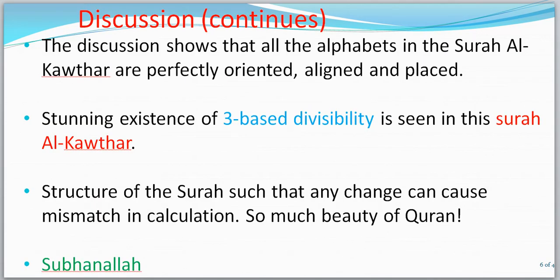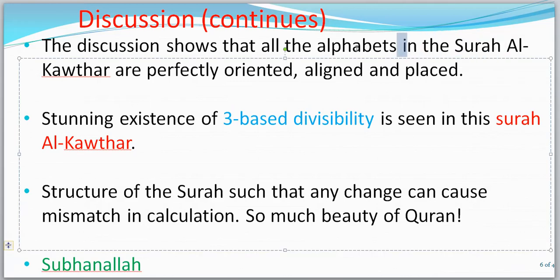We are at the last slide of this discussion. This discussion shows that all the alphabets in Surah Al-Kawthar are perfectly oriented, aligned, and placed.